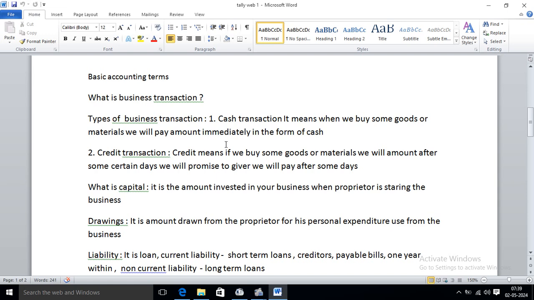Credit transaction means if you buy some goods or materials from distributors or dealers, we will pay the amount after some certain days, that is called a credit transaction.